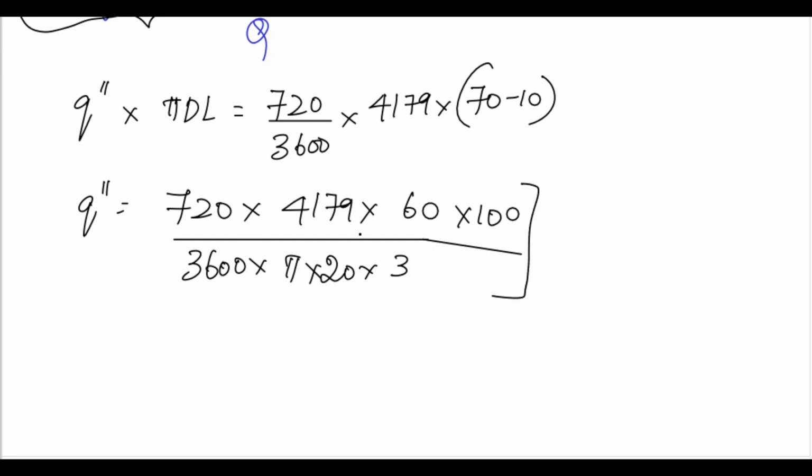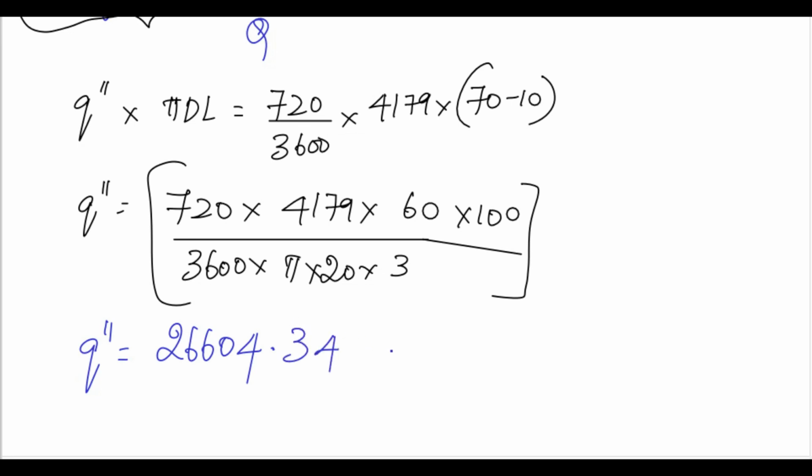I hope you can solve this easily using a calculator. So the heat flux, finally, you will get as 26604.34. The unit would be watt per meter square or kilojoule per meter square depending upon the conditions. Since we have used mass flow rate in kg per second, it is watt per meter square.